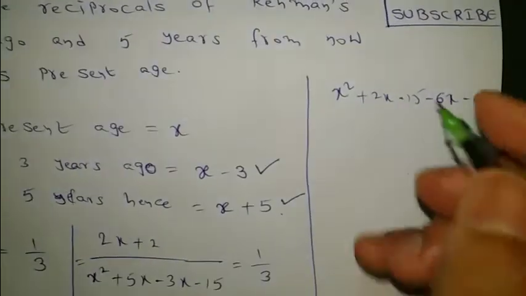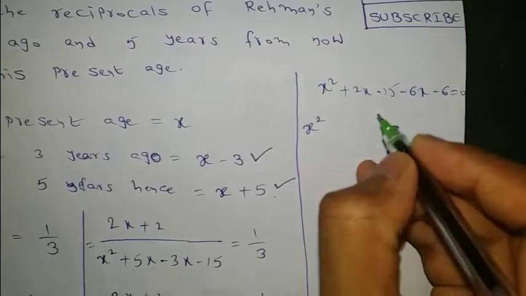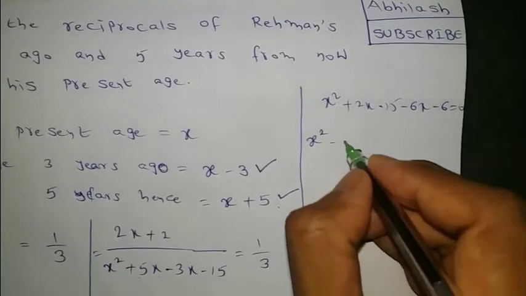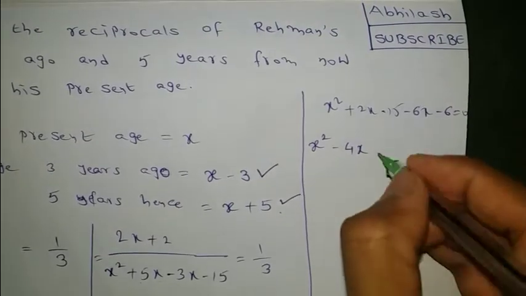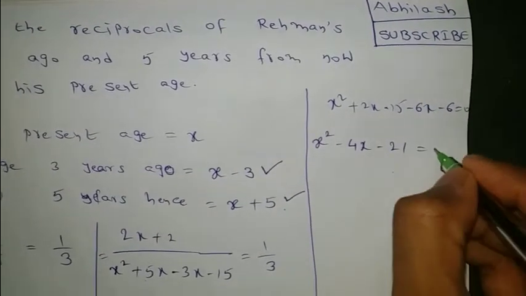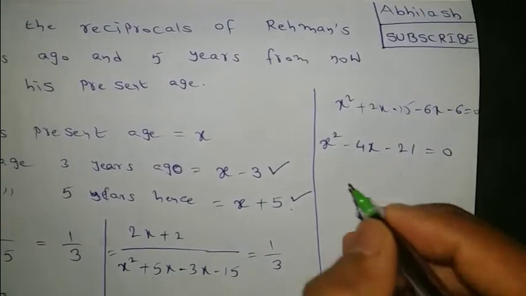Now if you look at this, x square plus 2x minus 6x is minus 4x, minus 15 minus 6 is minus 21, equals 0. Now again we need to go with splitting the middle term into two terms.